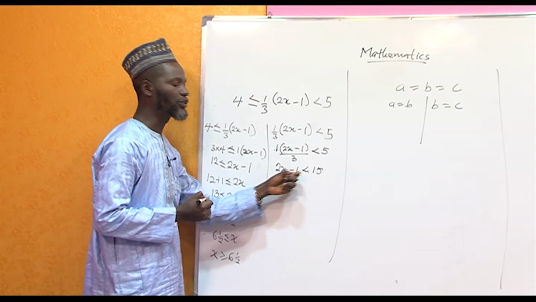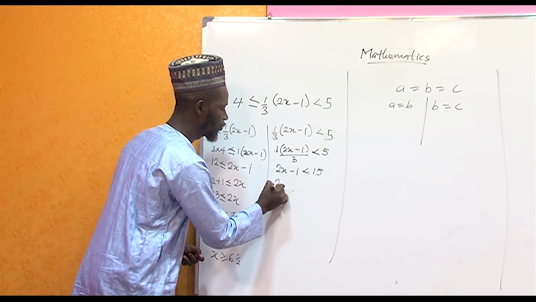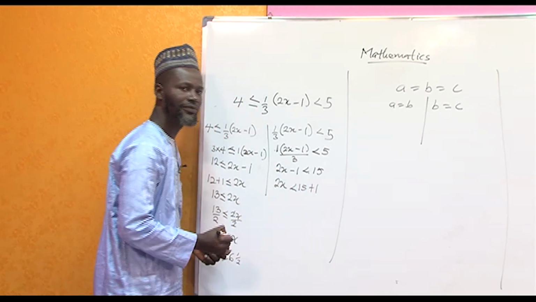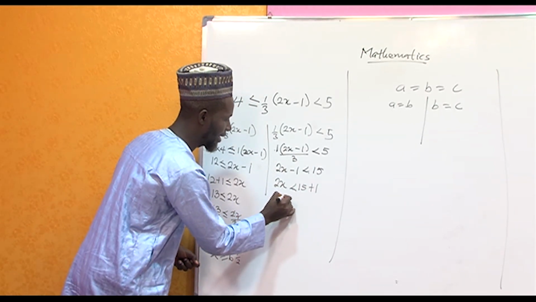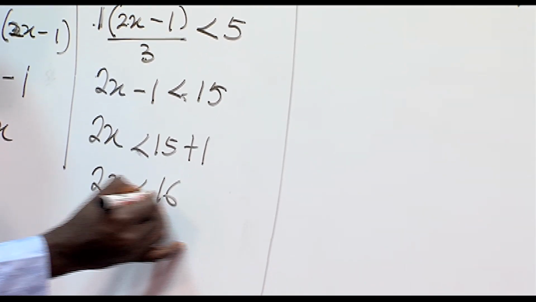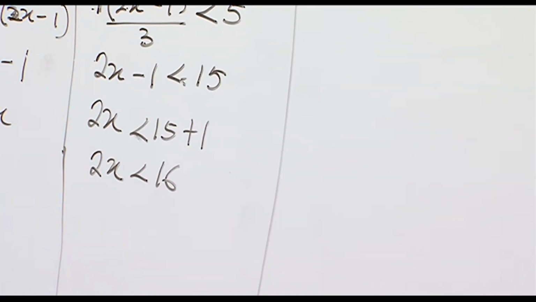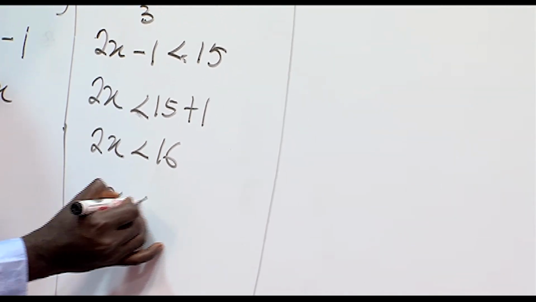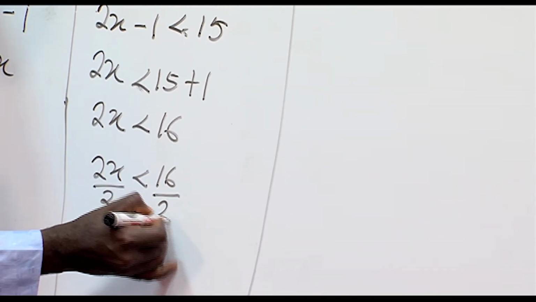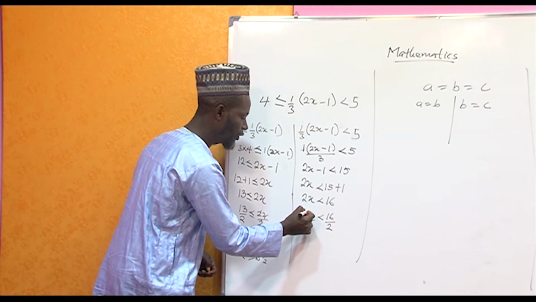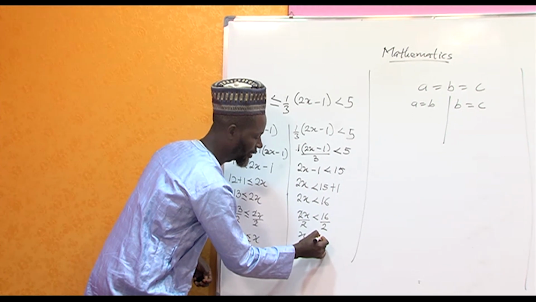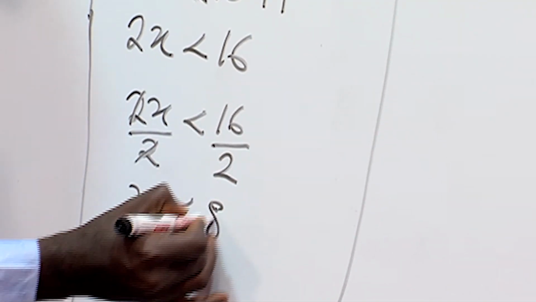Then add 1 to both sides to have 2x less than 15 plus 1. That means we have 2x less than 16. Then divide both sides by 2. We have 2x divided by 2 less than 16 divided by 2. So we have x less than 8, because 16 divided by 2 is 8.